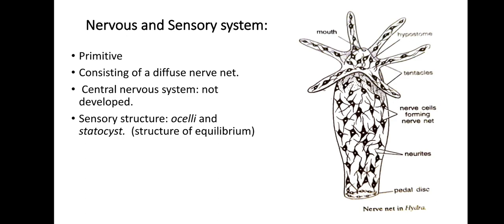Then there are also statocysts, again found in medusoid forms. These statocysts help in equilibrium and body balancing, because medusoid forms show the swimming nature, so they need to maintain their body. So, simple sensory cells are present in coelenterata.